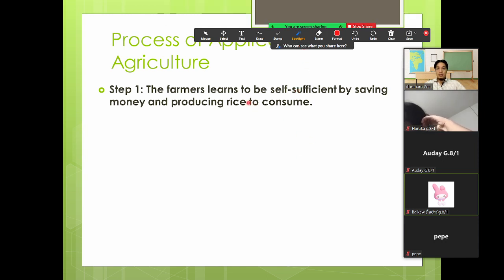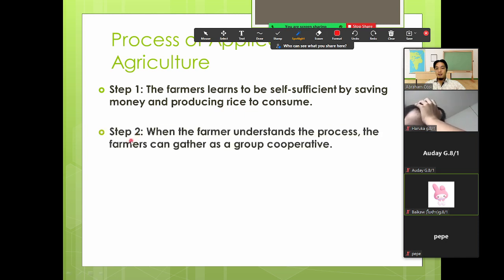They should learn to manage their money, learn to do a budget, and if they are able to produce rice for their own consumption, they can do that. Next one, step 2, please read.